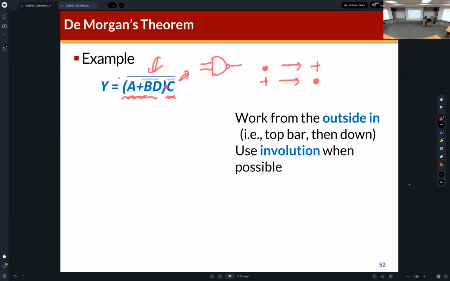By applying the Morgan theorem, we can change this NAND gate into the inversion of inputs and an OR gate. How can you rewrite this equation? We need to invert this term, A plus B, C, and OR. And also we need to invert this term. So this is C, right? You understand?